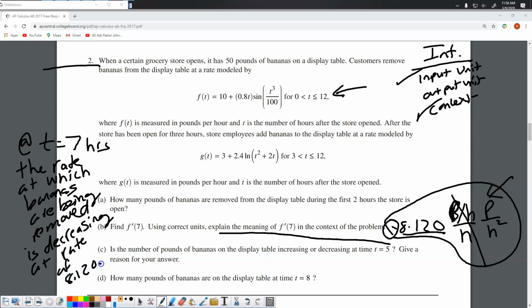Notice I'm not going to put negative on there because I said it was decreasing. That implies that it's negative. If you put a negative, that's like a double negative. And we don't want to forget our output units now: 8.120 pounds per hour squared. Okay, and there's my output unit. So at t equals 7 hours, the rate at which the bananas are being removed is decreasing at a rate of 8.120 pounds per hour squared.